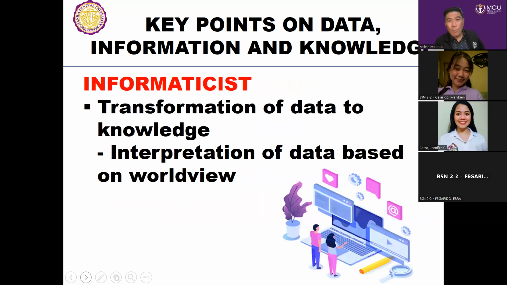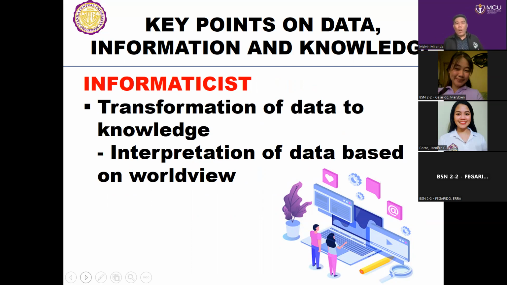So now, if we're considering the informaticists, I think this is the one that is being emphasized as well on the position if you will engage yourselves into the perspective of having your careers in health informatics.